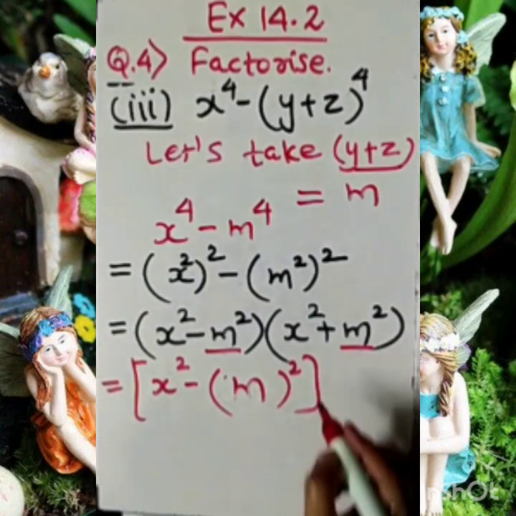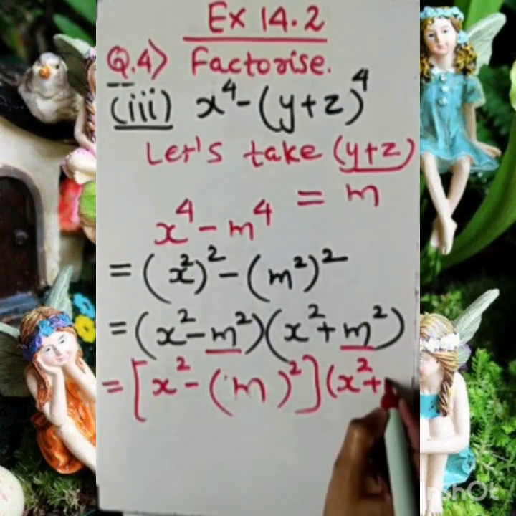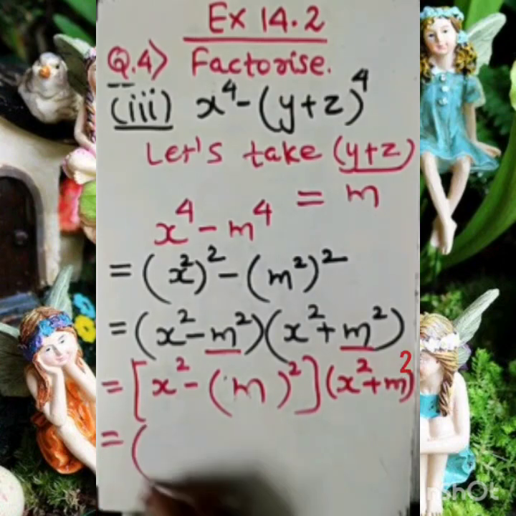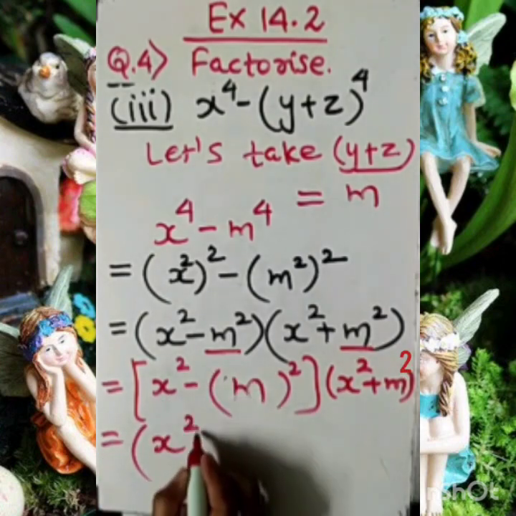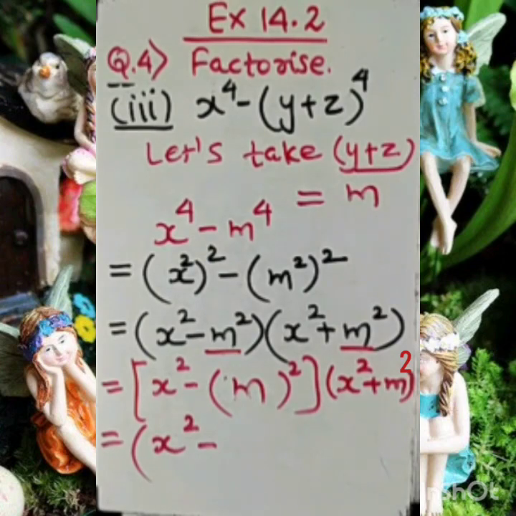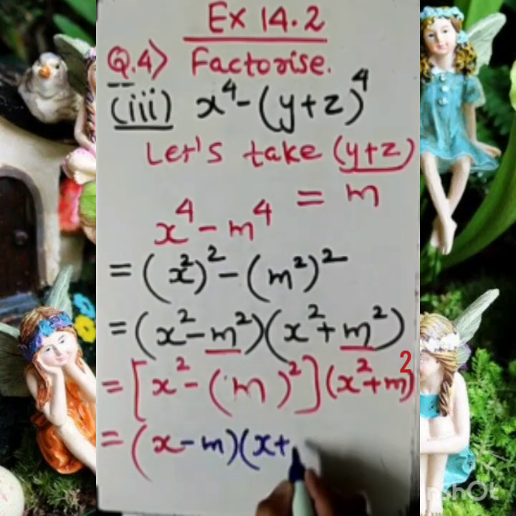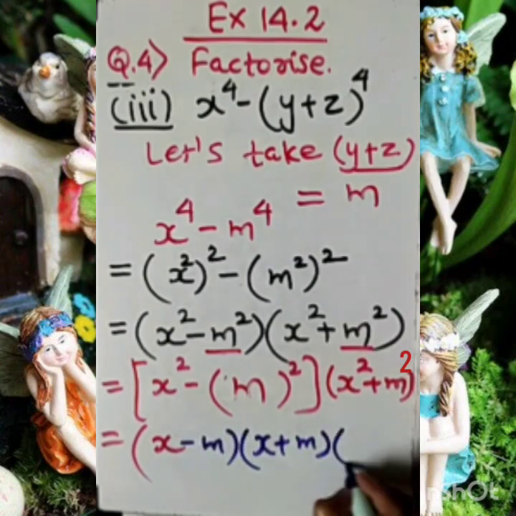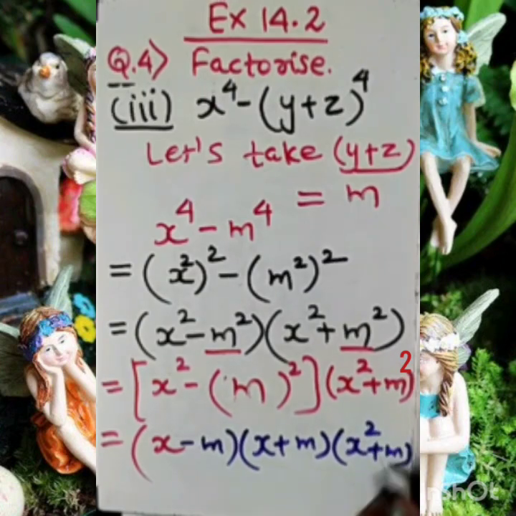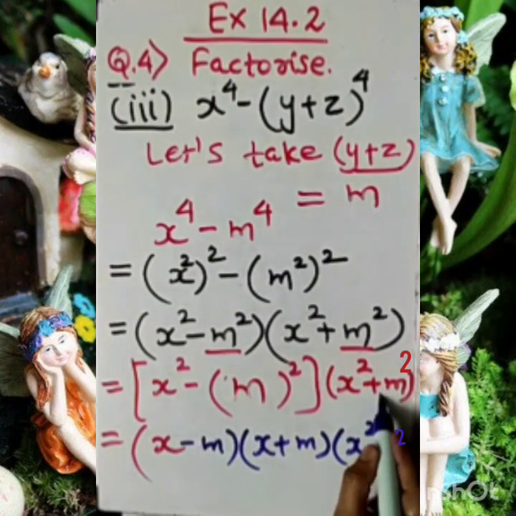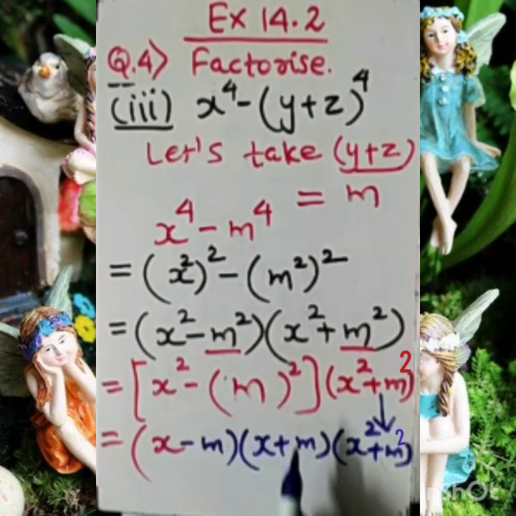Our work will become easy. So this x square plus m is already there. Now in the bracket, this is x square minus m whole square. It indicates x minus m and x plus m. And this is x square plus m. Okay, this term untouched, only for these two terms I have written one time minus and one time plus. Let's simplify. This is the solution.